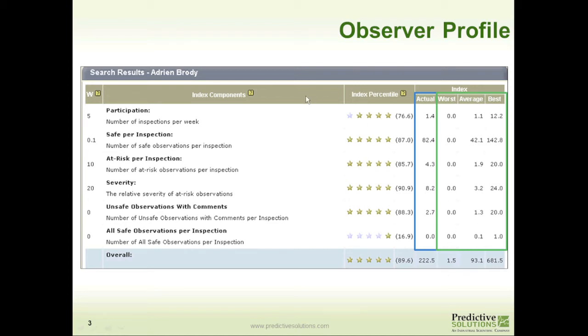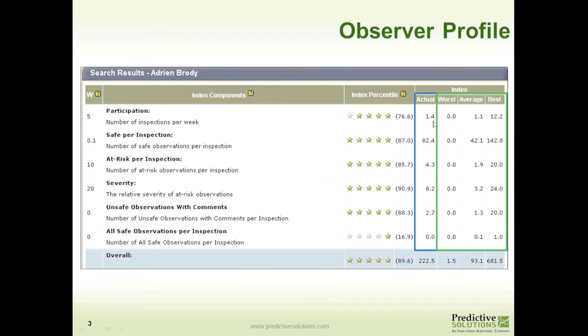Remember, this is a force ranking system, so you'll always have somebody at the top and somebody at the bottom. More importantly, I want to drill down to find out how I can coach Adrian Brody to make him a better inspector related to the metrics around an observation or an inspection.